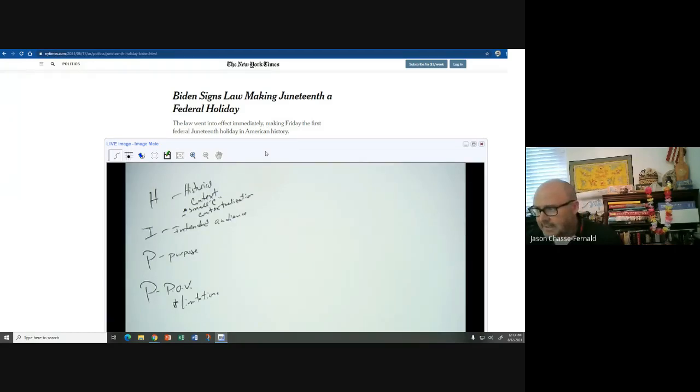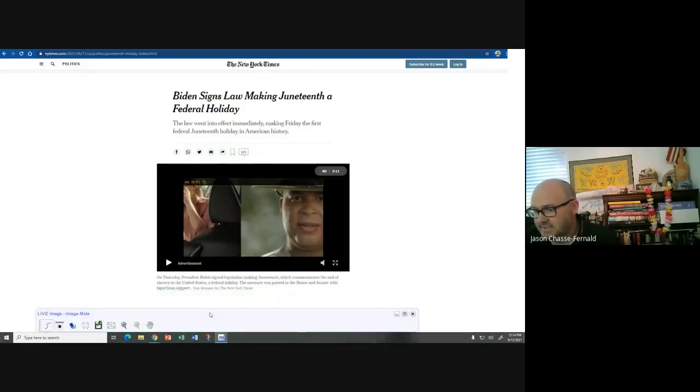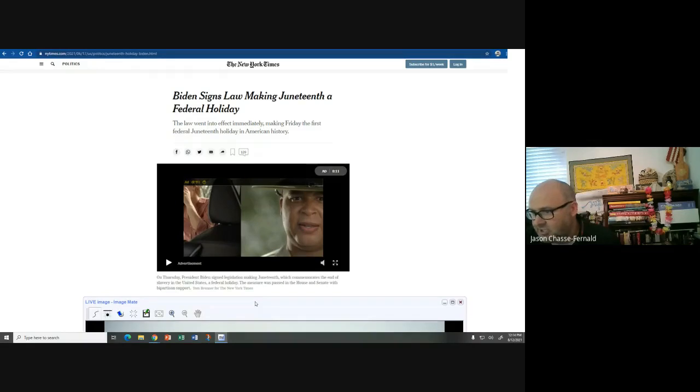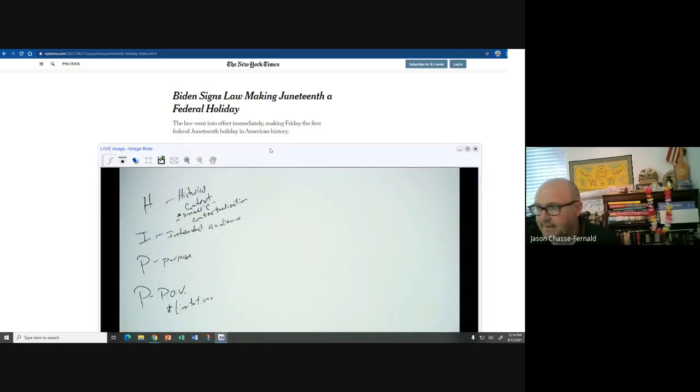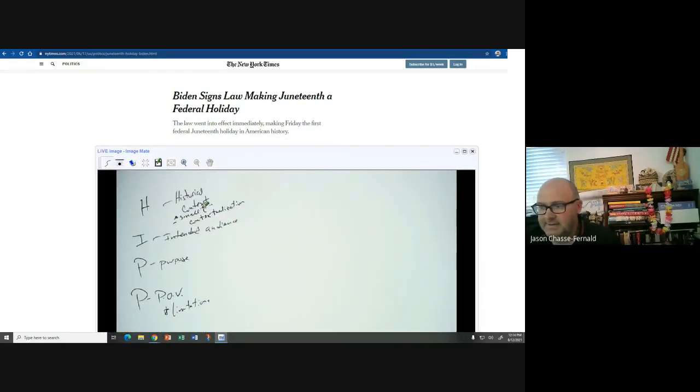First off, you have to know what Juneteenth is, and then you have to know what was going on in the United States. So I assume you could do that. If you could explain that by using information beyond what you are seeing in this document, which is not very much, then that would be contextualizing.